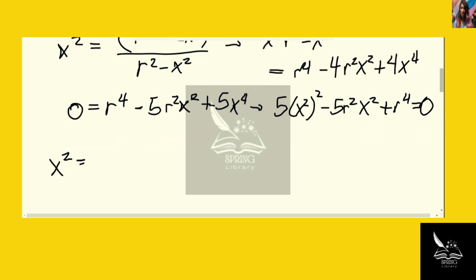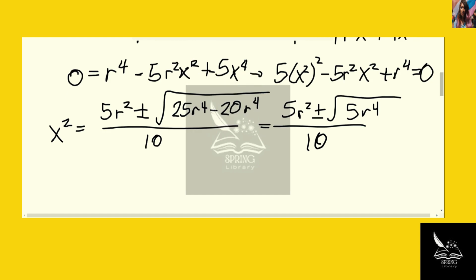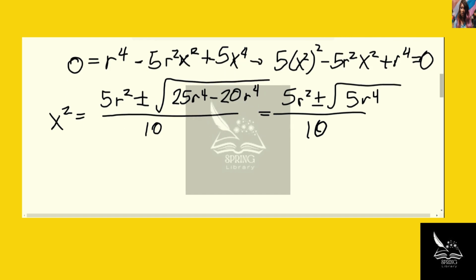So x squared is negative b, which is positive 5r squared, plus or minus the square root of b squared, which is 25r to the fourth, minus 4 times a, which is 5, so minus 20 times r to the fourth, all over 2 times 5, which is 10. This is 5r squared plus or minus the square root of 5 r to the fourth over 10, which is equal to 5 plus or minus the square root of 5 times r squared over 10.